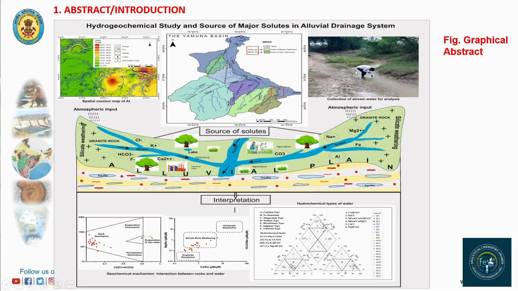These are the photographs of the stream waters we collected, and these are the sections we have prepared. I wanted to show that this is the flatland, and around this the granite terrain is present.